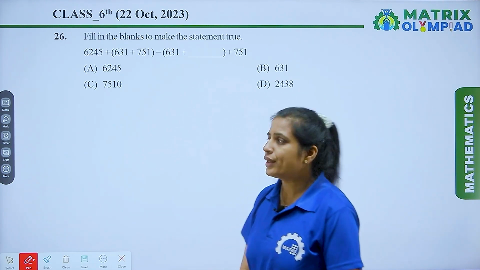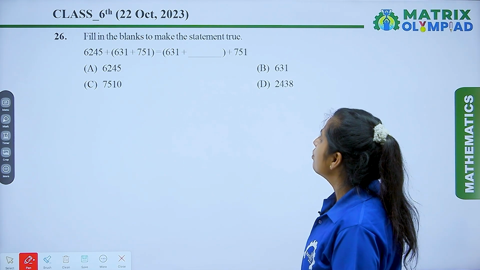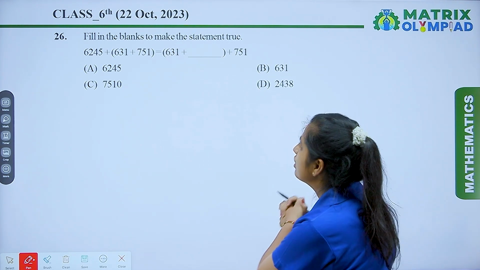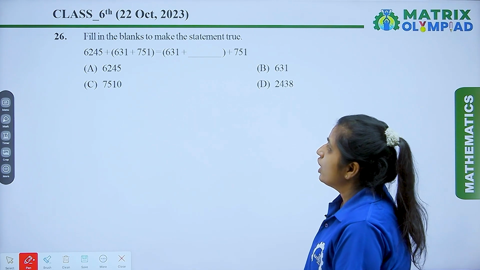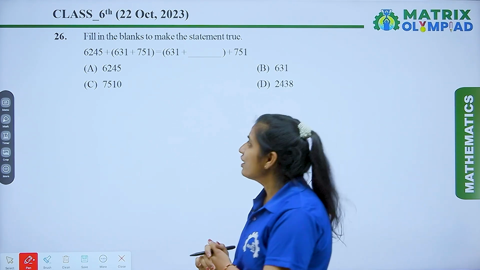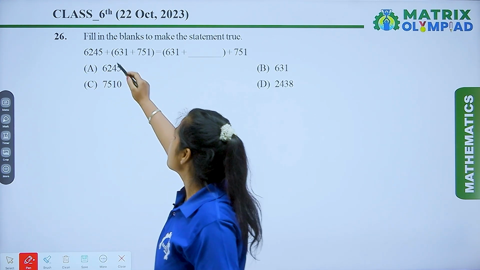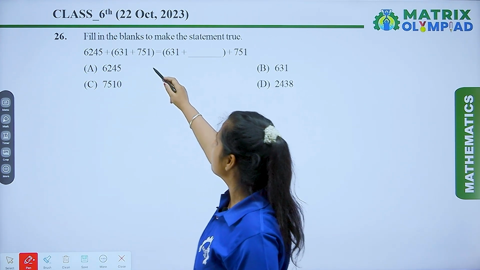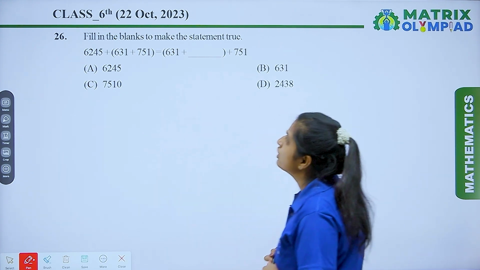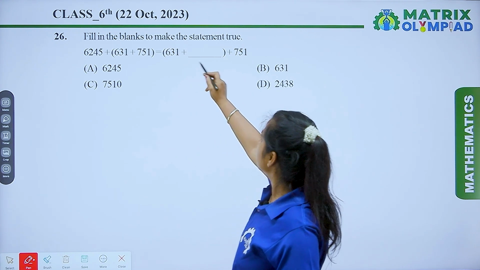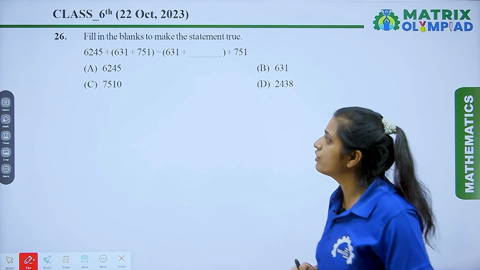Next is question number 26. Fill in the blanks to make the statement true. We have to find out the correct option out of these 4 options. Let's find it out. Here 6,245 plus bracket 631 plus 751 bracket close, and on the right hand side it is bracket 631 plus dash plus 751.